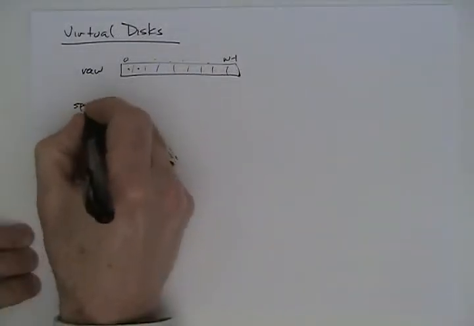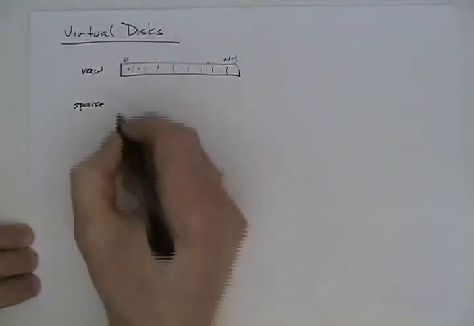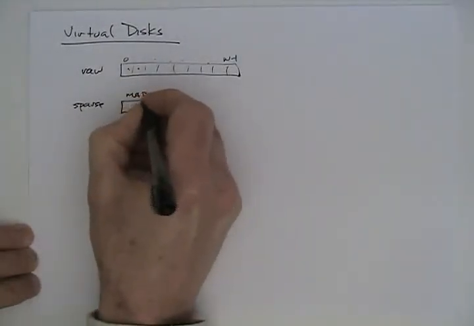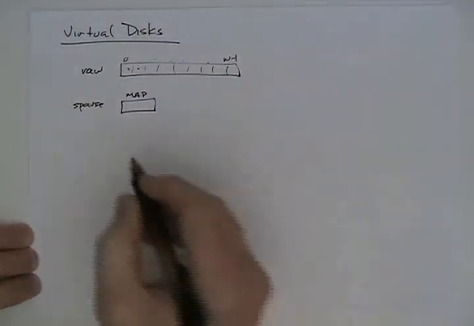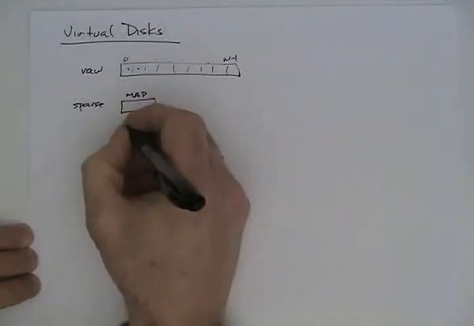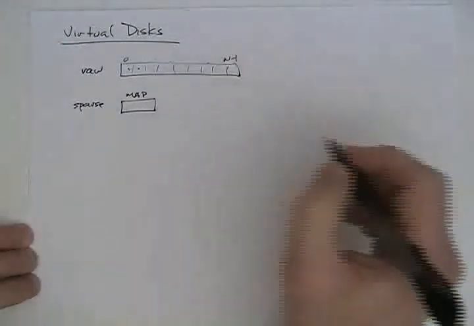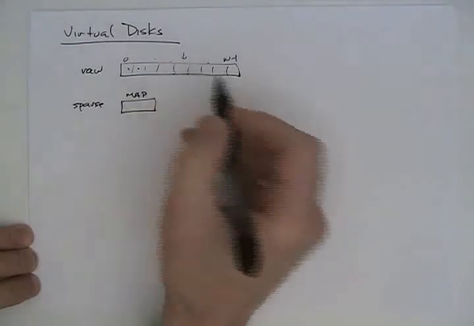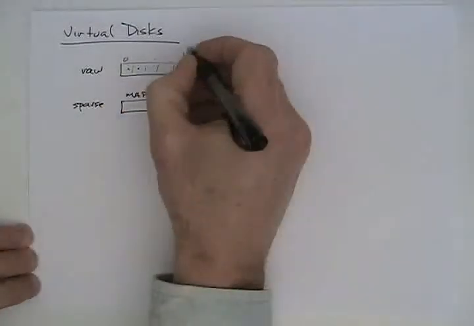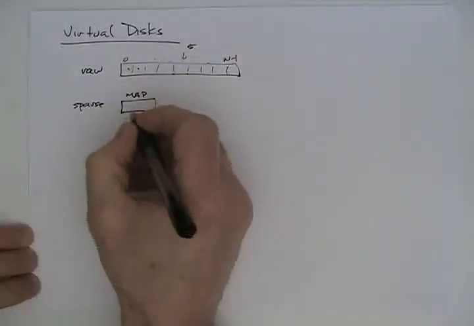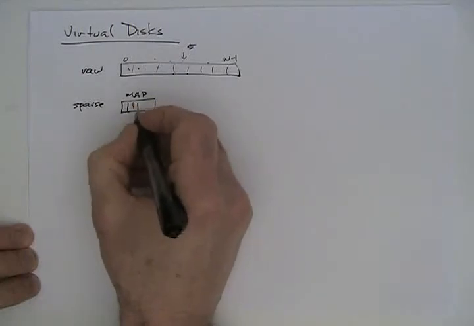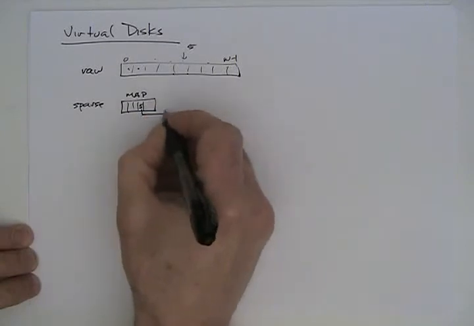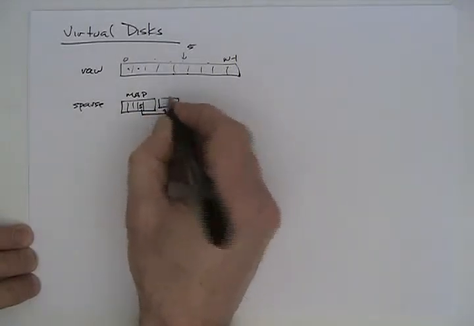Now a sparse disk has a map at the front. And then the first time, say the first write we want to have is to this chunk here, which is, say, chunk 5, then the map gets updated to say, 5 goes to this first block here.